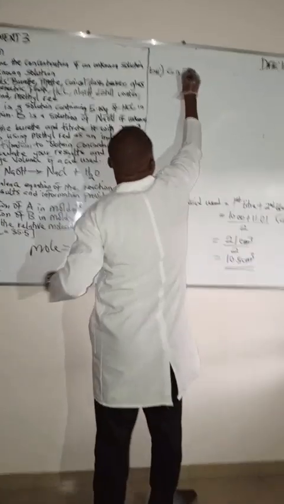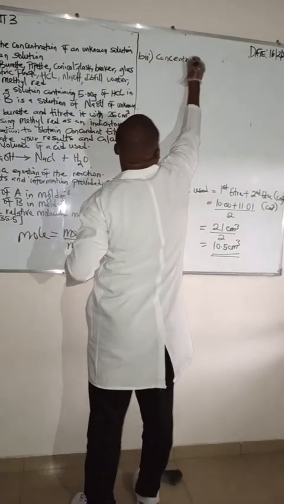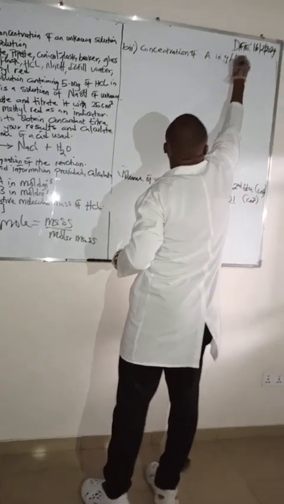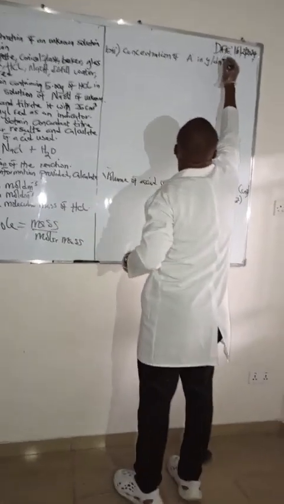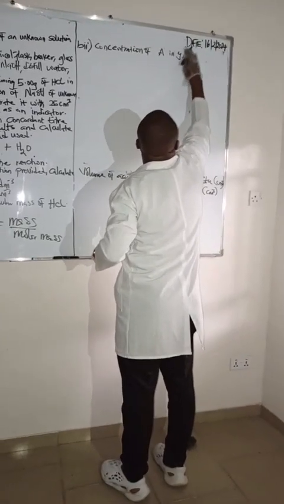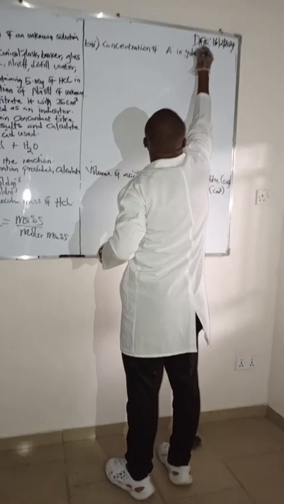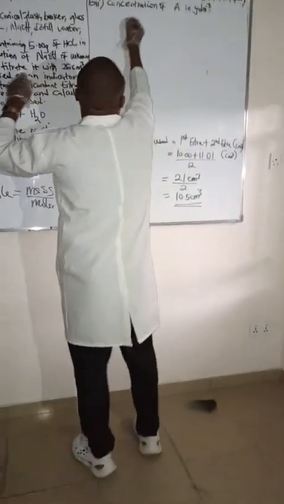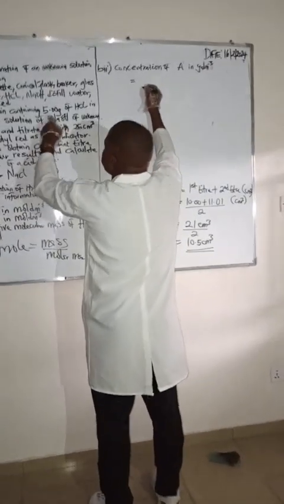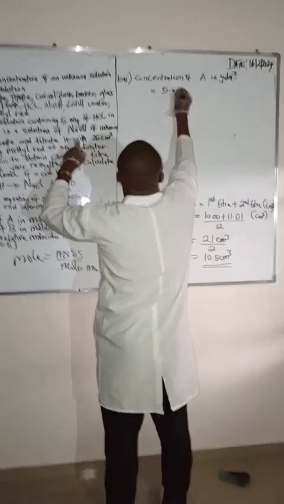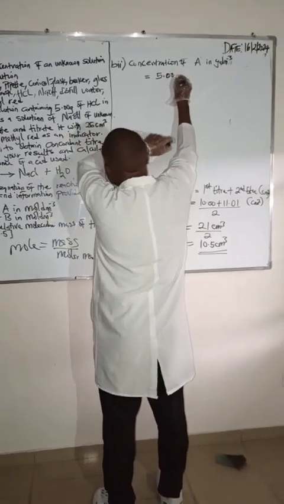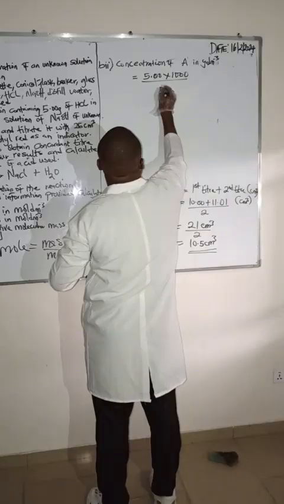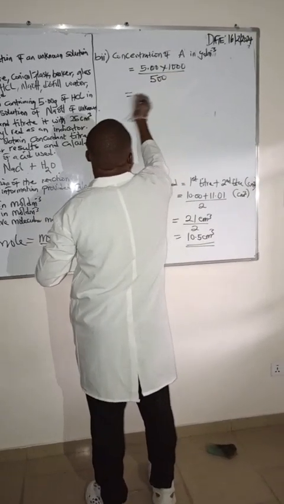BII. Conversion of A in gram per dm cube is going to be equal to 5.00 times 1000 divided by 500.